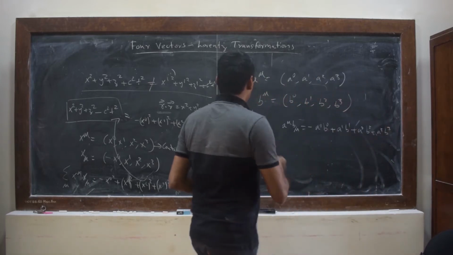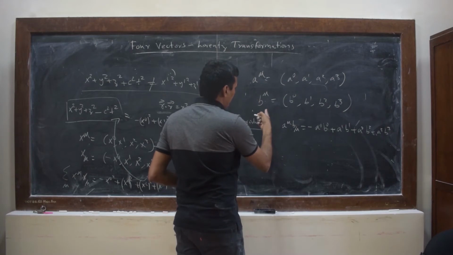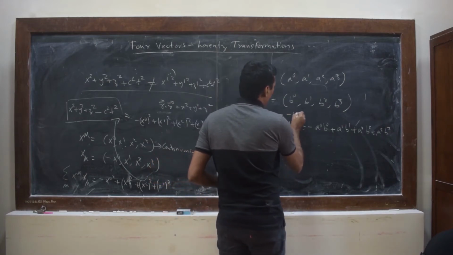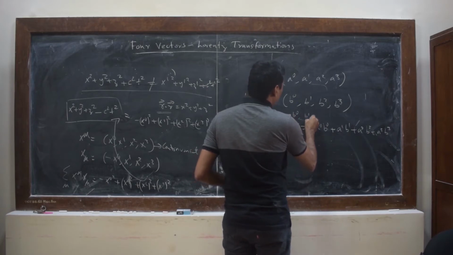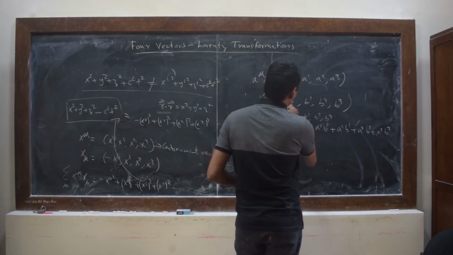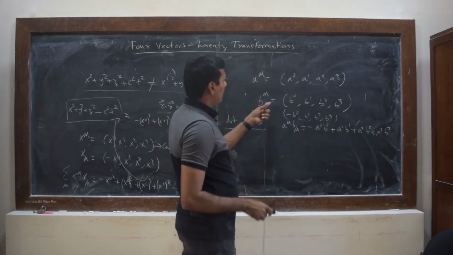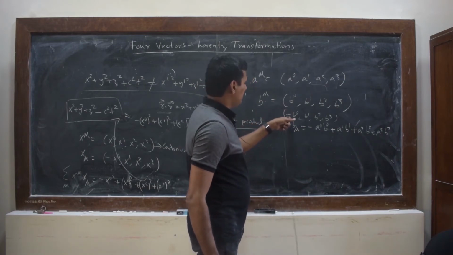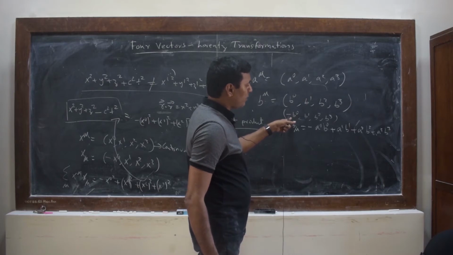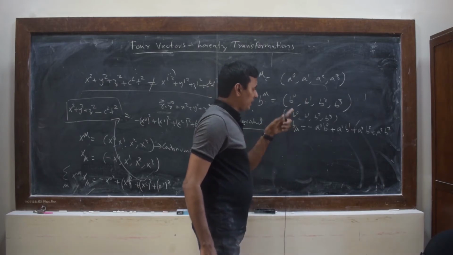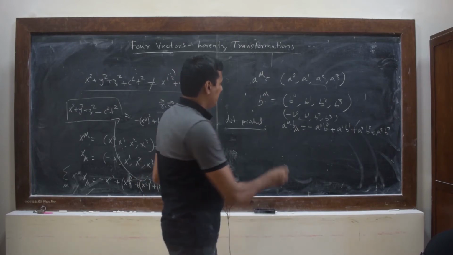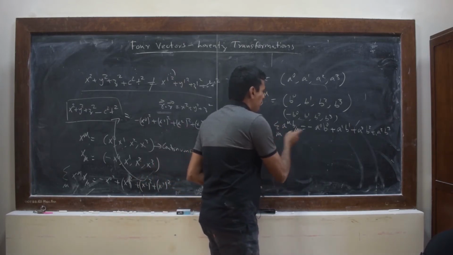B lower mu is equal to minus B0, B1, B2, B3. The only change is that if you take a covariant vector, the 0th component gets a negative sign. So this is the way you define a dot product. It is like summation over mu, A mu B mu.